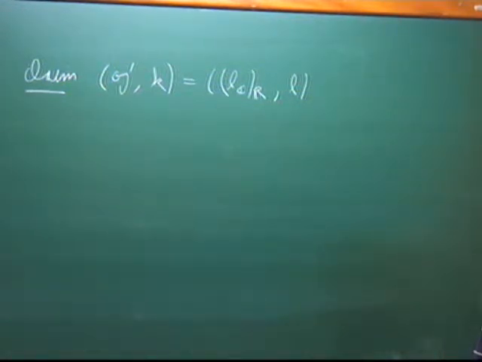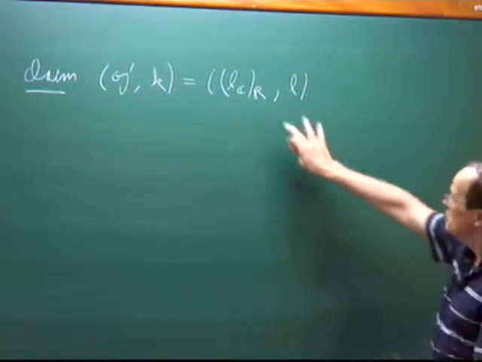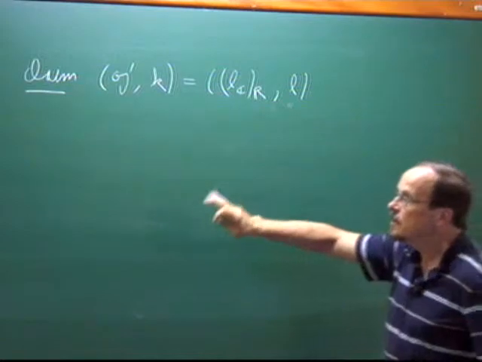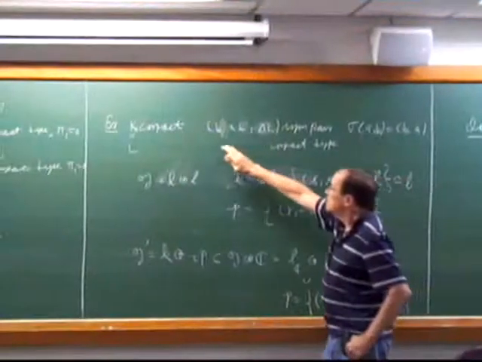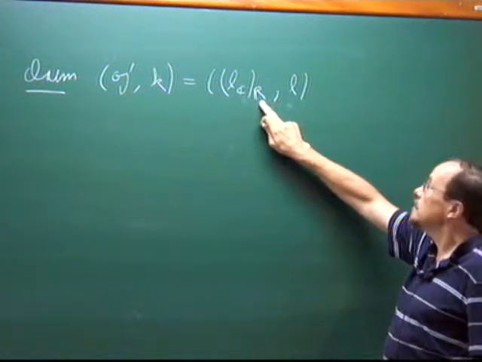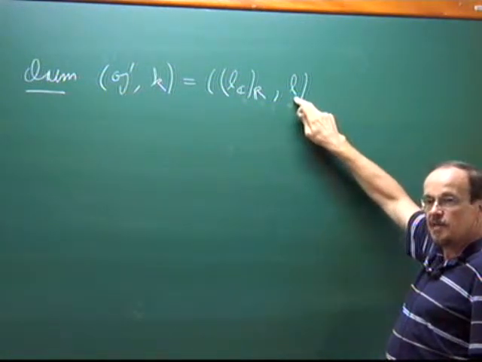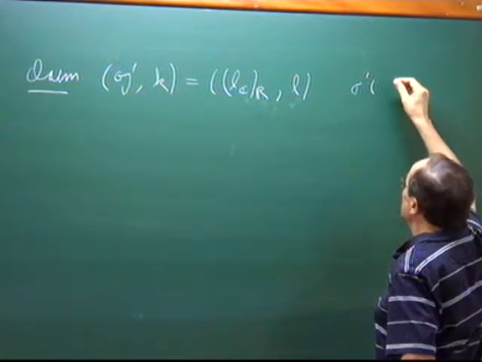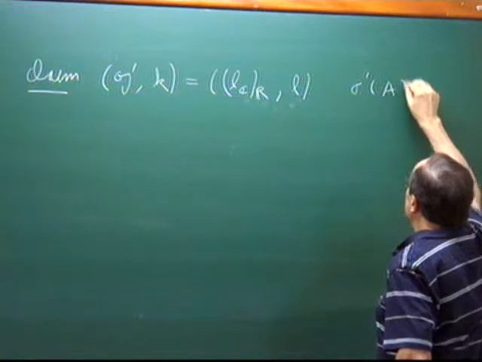So what does this say? So what does this pair mean here? So I take L as my compact Lie algebra. I complexify, and then I regard it as a real Lie algebra. Inside that sits L as a real Lie algebra. And what's the involution here? Sigma prime of something A is just A bar.